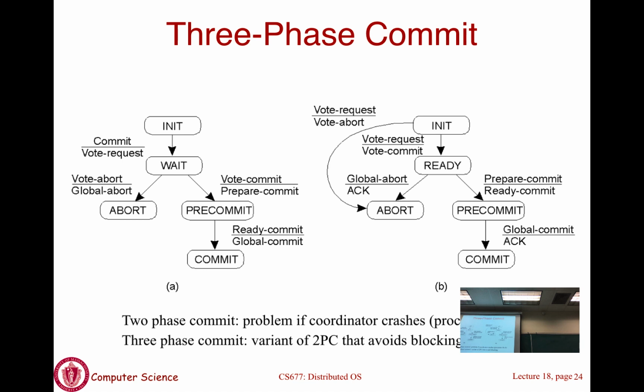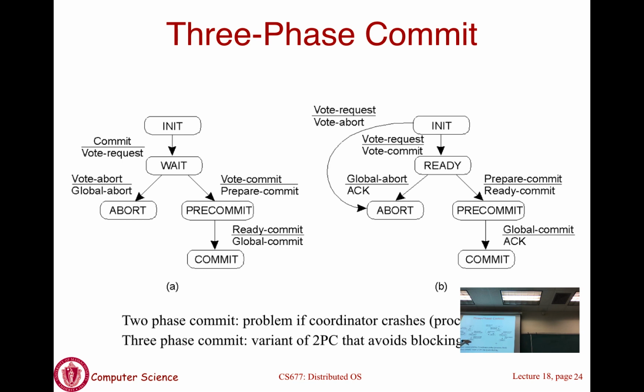So at most the coordinator has gone to pre-commit, and everyone else is stuck in ready because they don't know anything. Since that node is still in pre-commit, if it comes back up, you can tell it the decision made by everyone else was to abort, and it can abort. In two-phase commit, if it had committed, there is no undoing a commit. You already committed the transaction. You can undo a pre-commit, but you cannot undo a commit.